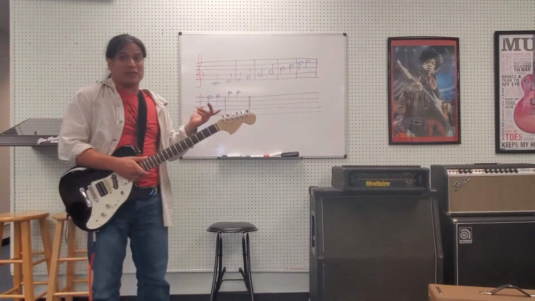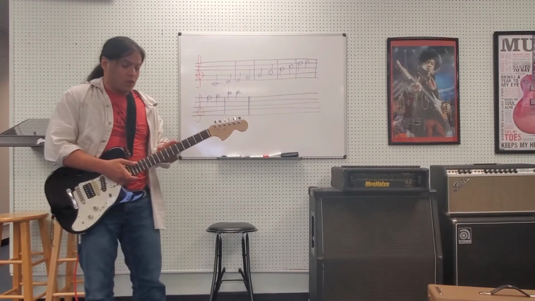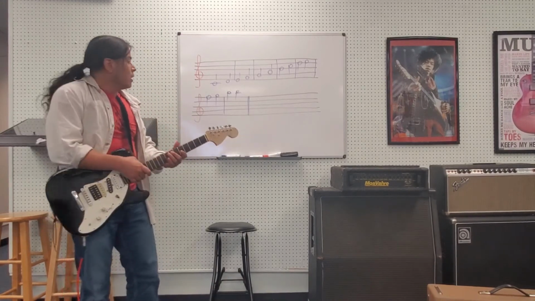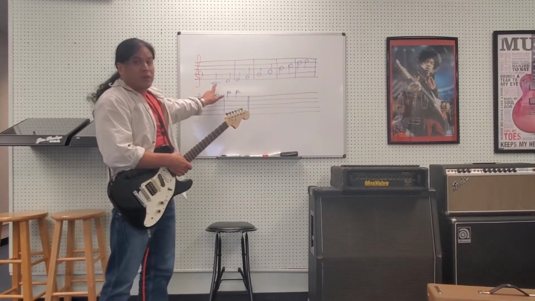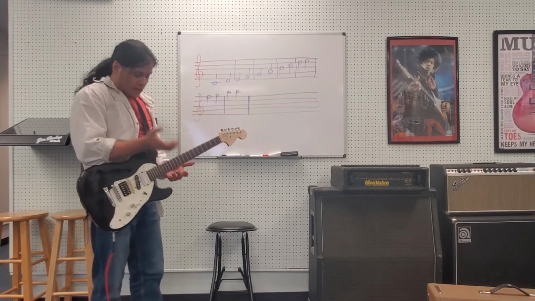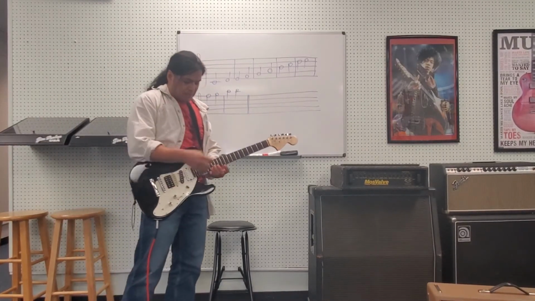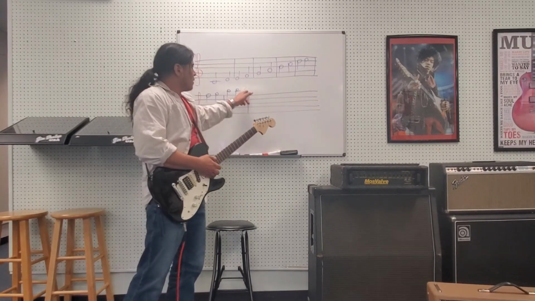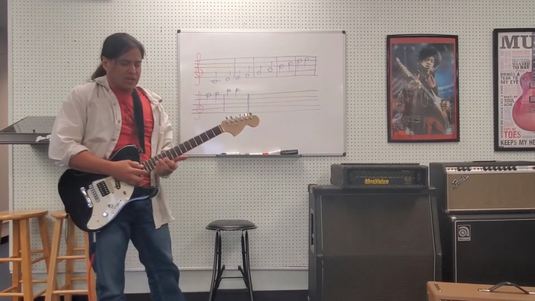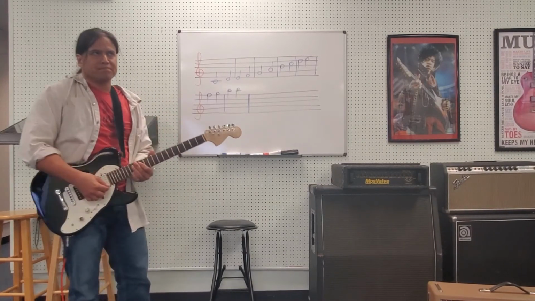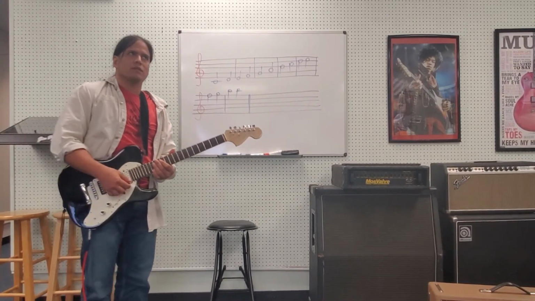And I could have picked a different range of notes. Obviously, the guitar goes lower. I can go all the way to an E below the 3rd ledger line here, and I can go as high as, like this G with 4 or 5 ledger lines above the staff. 4, right?